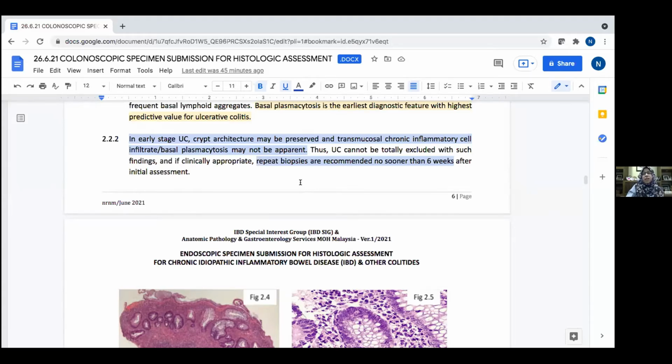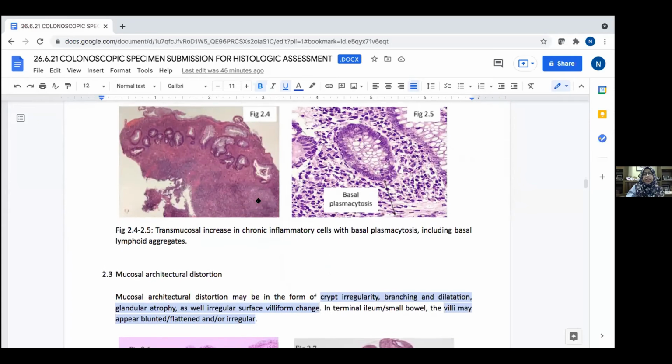Hopefully after 6 weeks it will prevail, because the close differential for these changes would be prolonged infective colitis. You would expect the infective colitis to resolve with treatment, but IBD will persist, and probably the changes will be more enhanced.